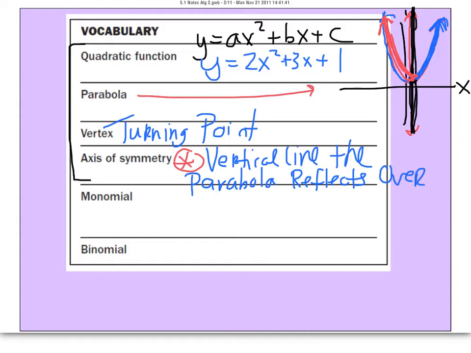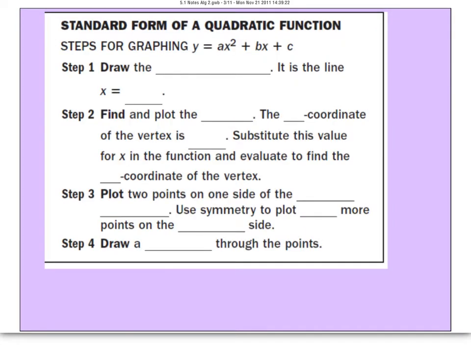So what we're going to do today is we're going to graph a parabola, we're going to use some ordered pairs, and we're also going to find the vertex and axis of symmetry. If you like having steps, here's the first thing they suggest to do. First one is to draw the axis of symmetry.